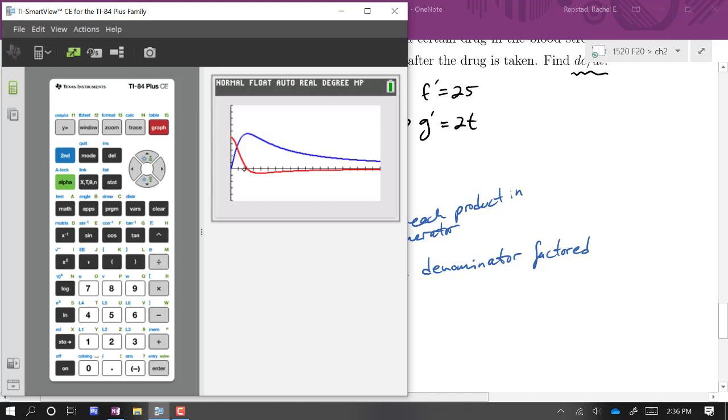It starts positive, right? The derivative itself is positive because the concentration is increasing. If the blue curve is increasing, that corresponds to the red curve being above the x-axis.